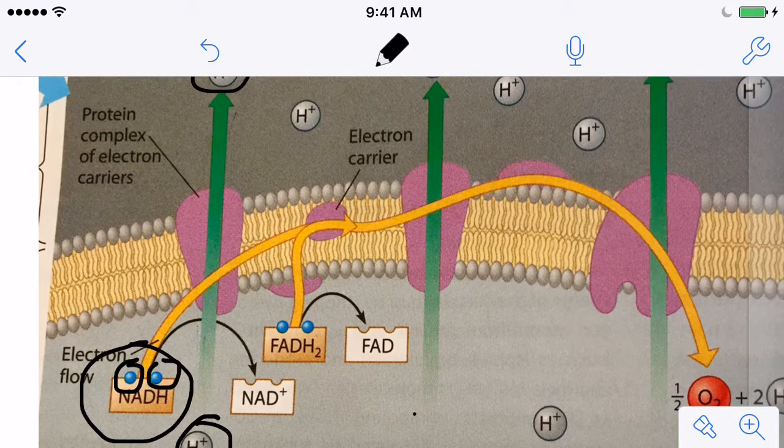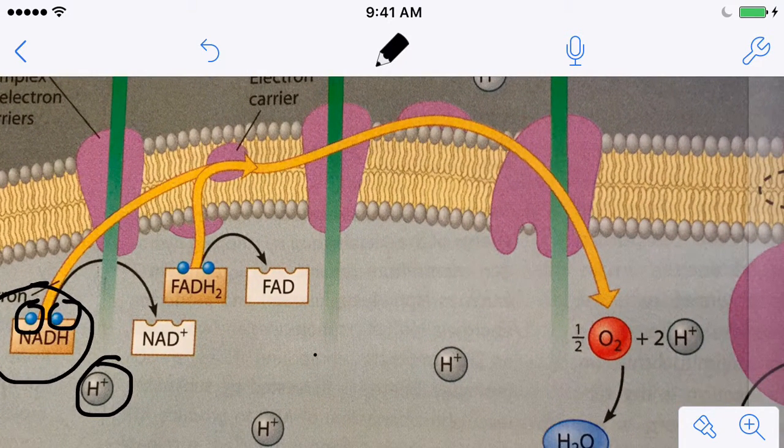Now, the electrons that flow through the electron transport chain will end up next to where an oxygen molecule is located.